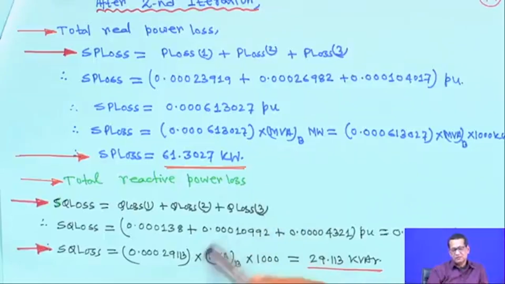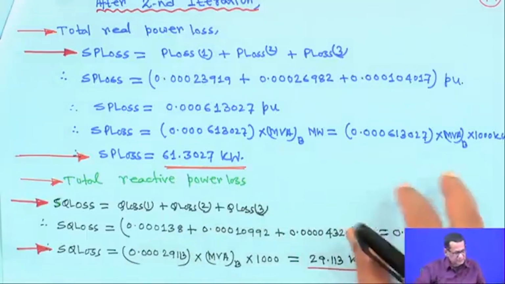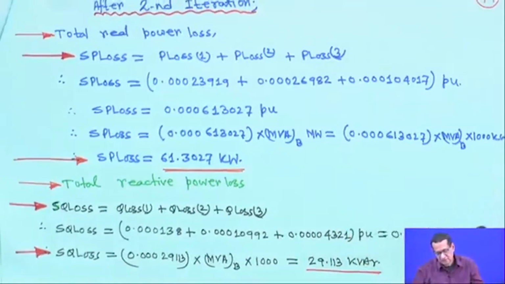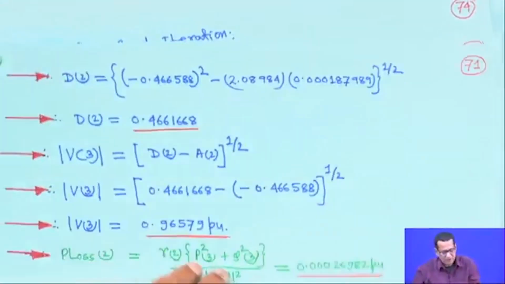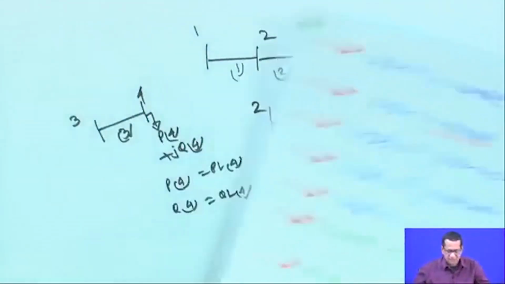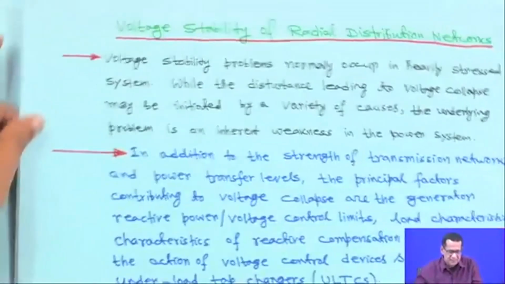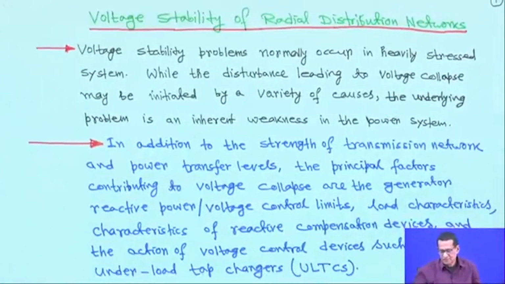If these two things are required, then one can use the second method, but still it depends on the complexity of the network which one will be efficient. Those things are not to be discussed here. So, for load flow studies we have seen two different methods, method 1 and method 2.